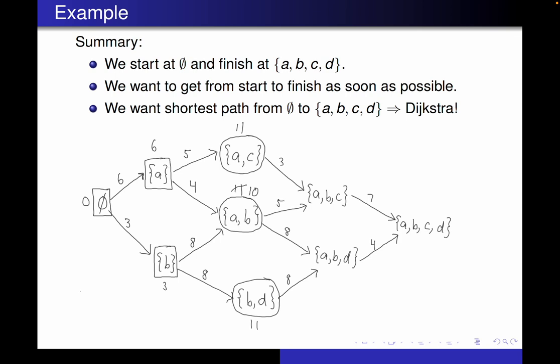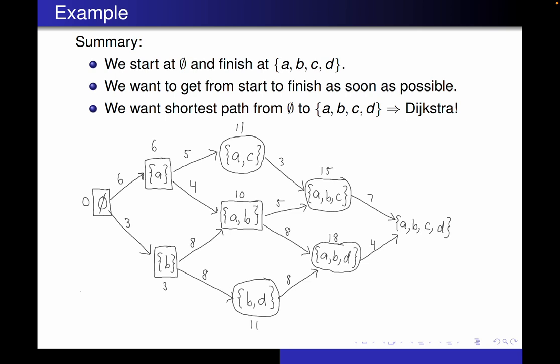And so our shortest one now is going to be AB, which has a label 10. Now, the only one we have left to extend from is that AB, which we can extend out in two directions, right? ABC gives us a shortest distance of 15. ABD gives us a shortest distance of 18 for now, right?